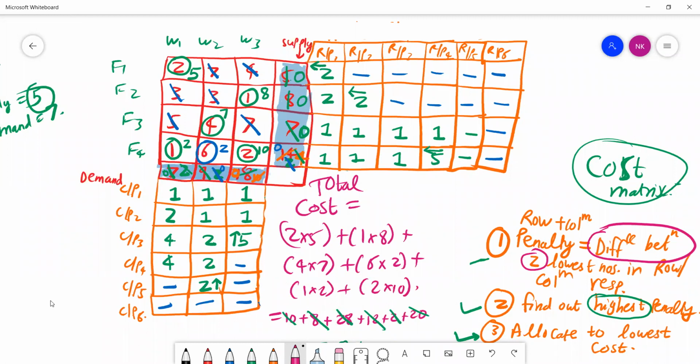That means whatever lower value is in that particular row or column, you allocate the number of units looking at the supply and the demand values. Then you carry on to the next iteration. The row or column which becomes 0 won't take part in the next iteration, that is for sure. So this is how Vogel's approximation method works.